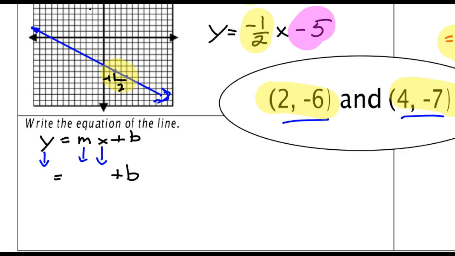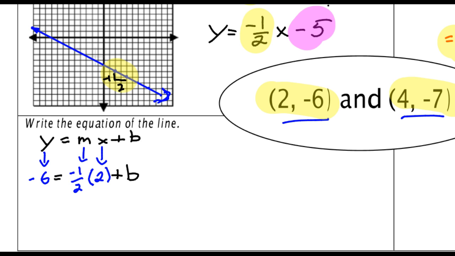So what does y equal in this case? -6. And m is -1/2. x is 2. And of course, what answer are we expecting to get right here? What is the answer, by the way? -5. Yeah, it's right here. We already got it. Remember, we're doing another method to get the same thing, so it's not a surprise.